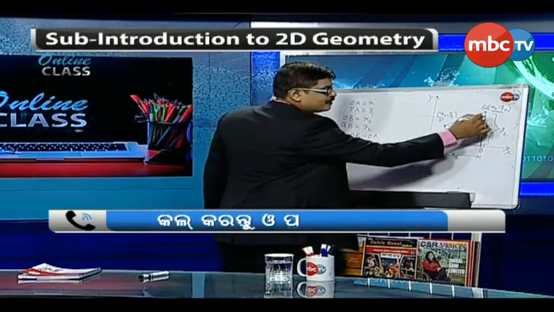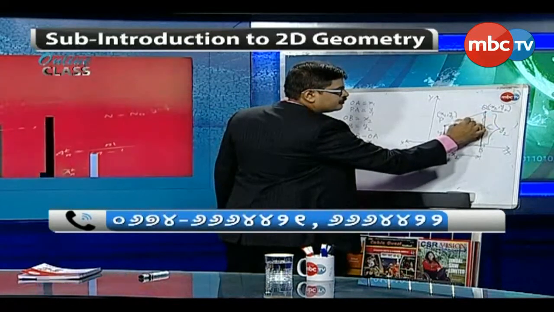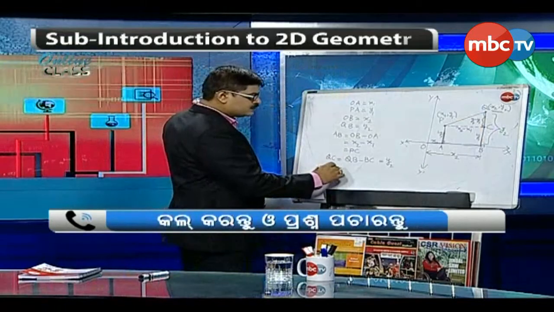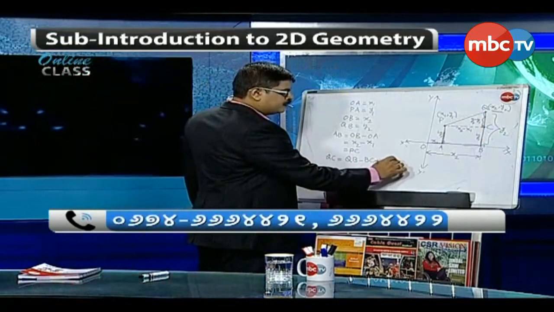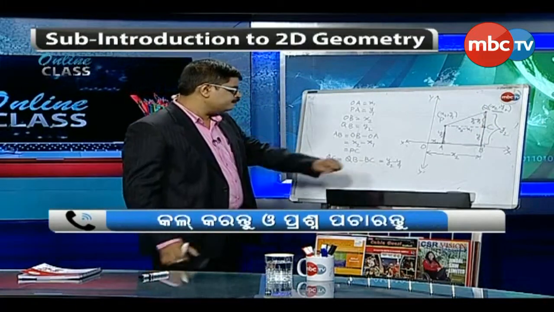That means what remains? QC, this portion, will be of length y2 minus y1. So QC is equal to y2 minus y1, this QB minus BC.